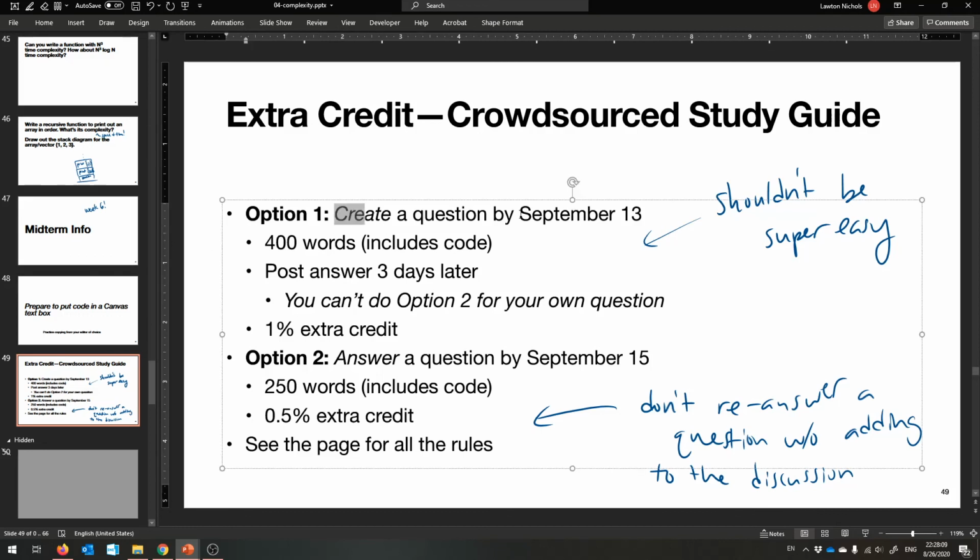Invent some questions based on the topics, or answer them. You can do any combination of these. You can write 2 questions, or answer 4 questions, or some combination of those up to 2% extra credit. And that is about a lab's worth of credit. Just keep that in mind. Or like 2 homeworks, something like that.